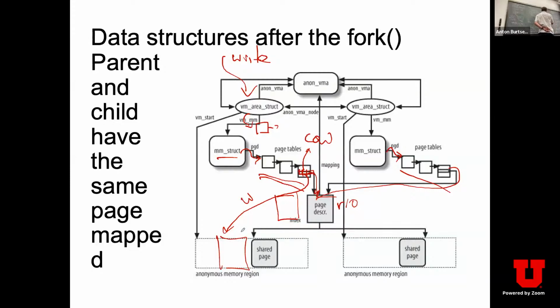And so we will actually create a new anon VMA region, in a child or a parent, and this VMA will be moved here, and there will be no connection between these two anymore, right? That's one possible strategy. Maybe I lost you here, so I can spend more time understanding how Linux does it and come back and explain this, because copy-on-write is a little tricky.